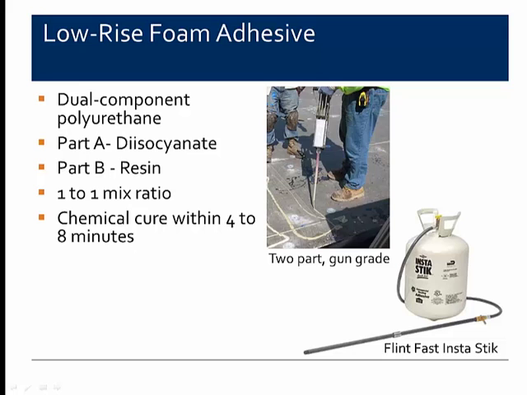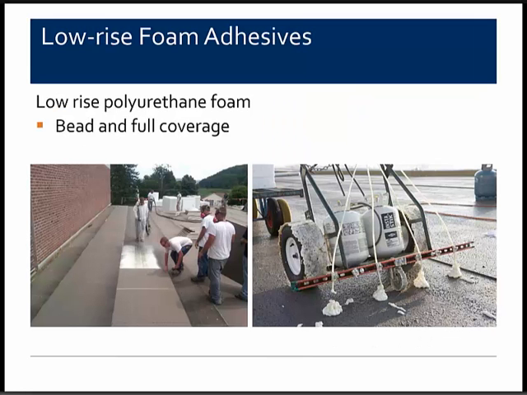We also have full coverage low-rise foams where the materials are actually mixed and delivered to a nozzle in different tubes. These tubes are usually heated to get the material to flow better, and you can put down a lot of adhesive in a short period of time.